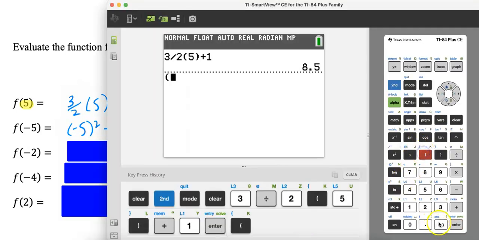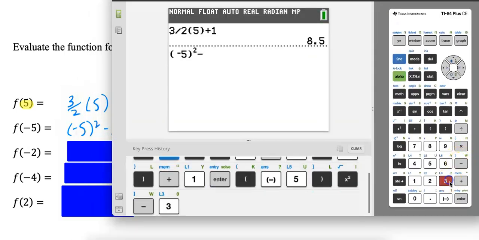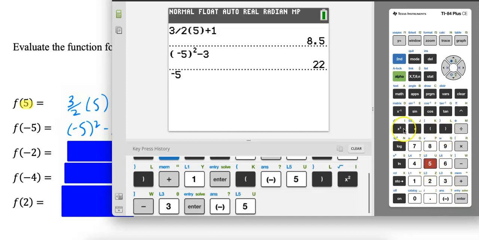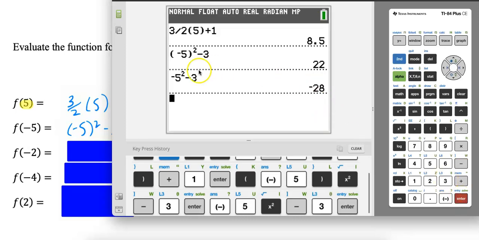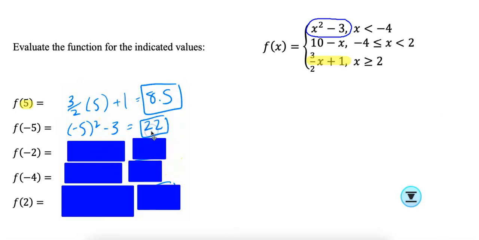So parentheses, -5 squared, and then subtract 3 to get 22. So let me show you, if you did not put parentheses, your calculator would get it incorrect. So when you're substituting a negative number into a quadratic, make sure you're using parentheses.